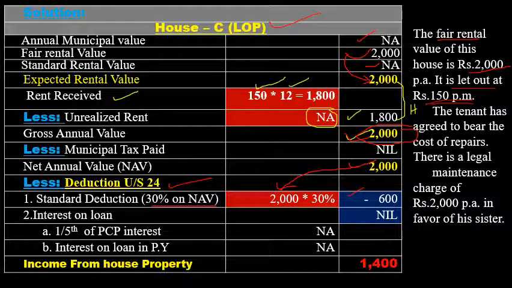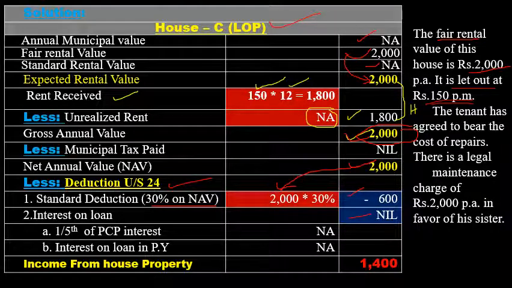It is a fixed 30% and always on net annual value, applicable only for let out properties. Next is the interest on loan. No information regarding the interest on loan. Either a direct amount is not given or even a loan amount of the house property is not given. So therefore interest on loan is nil here.